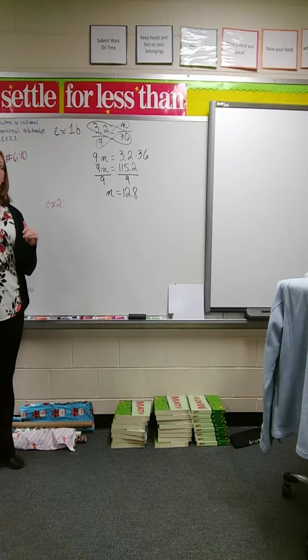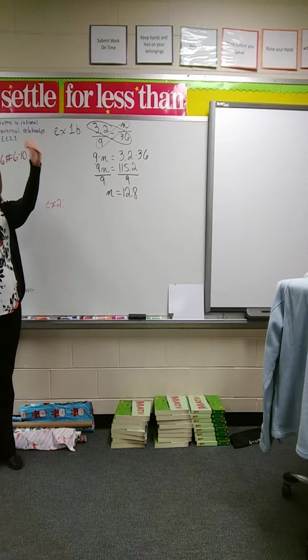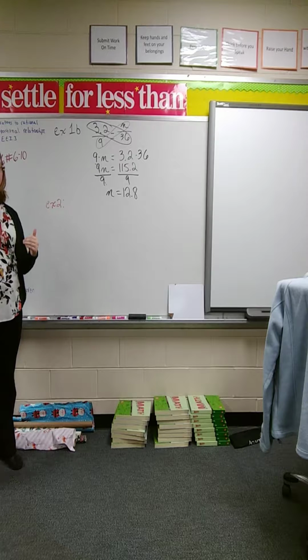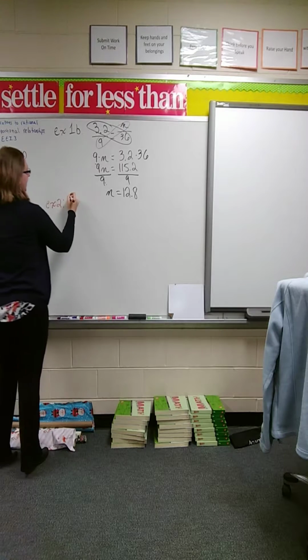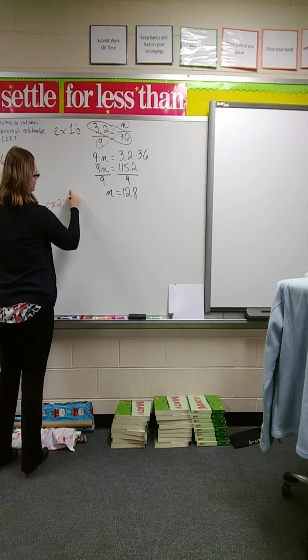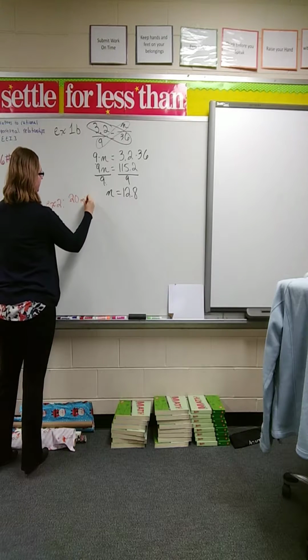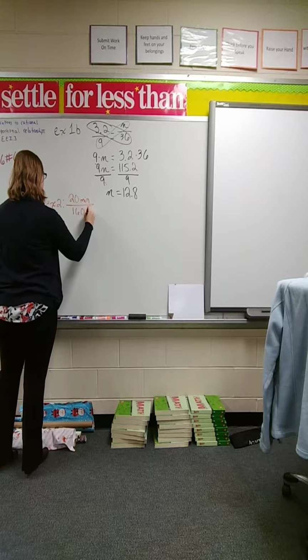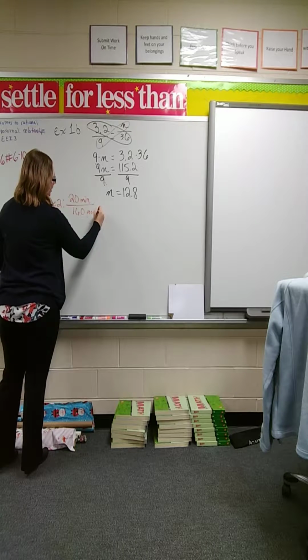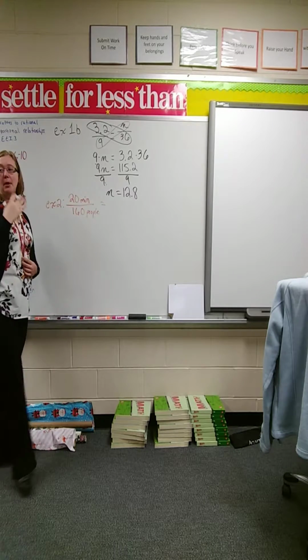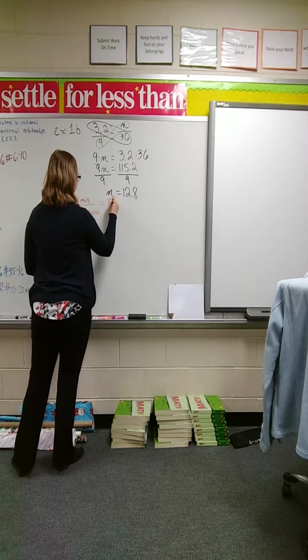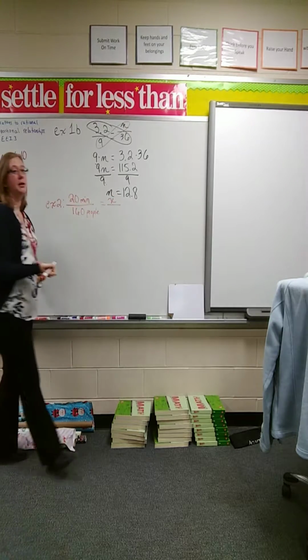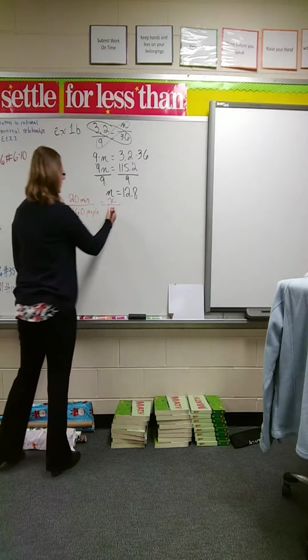So I'm comparing the wait time to the number of people, correct? Alright, so what is my wait time that's given? 20 minutes. And that's for how many people? 160. And we're trying to find out how much time, I'm going to use the variable x, for how many people? 220.